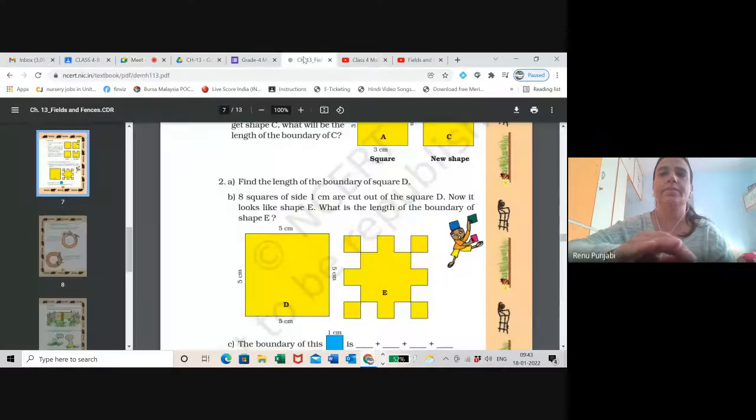Yes. Now they have changed the figure: 8 squares of side 1 centimeter are cut off from the square. Now it looks like the shape E. What is the length of the boundary of the shape E?